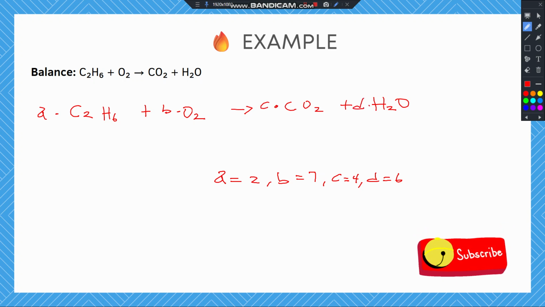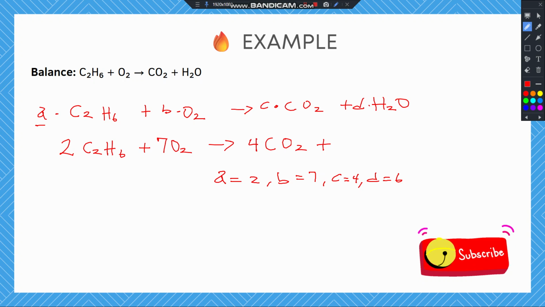So now we can substitute the values or the letters for their real numbers. So A now is 2, so we'll write 2 in front of C₂H₆, plus B is 7, so we'll write 7O₂, giving us C is 4, we have 4CO₂, plus D, which is 6, we have 6H₂O. This is our final balanced equation.